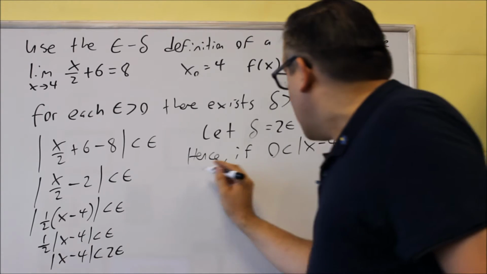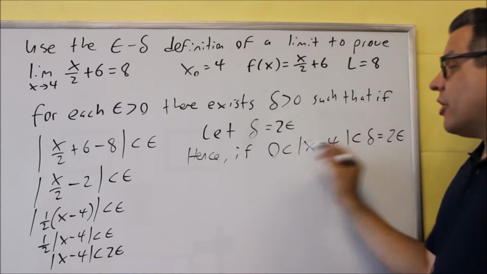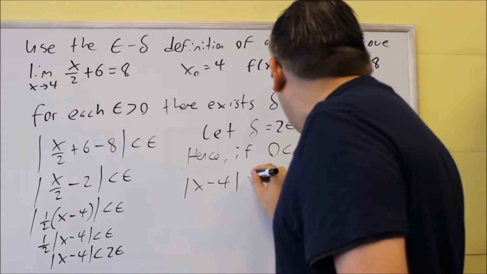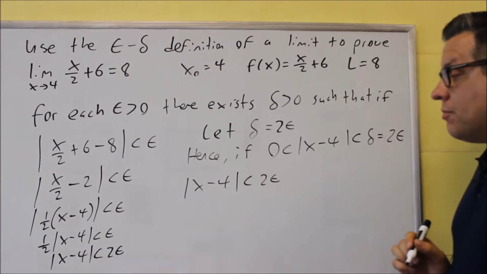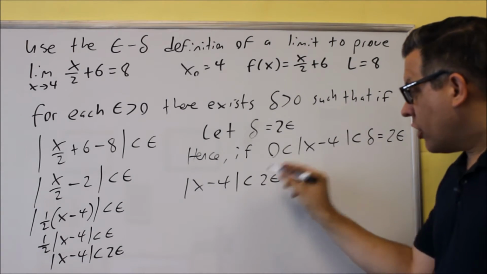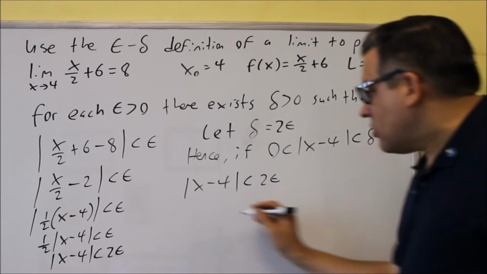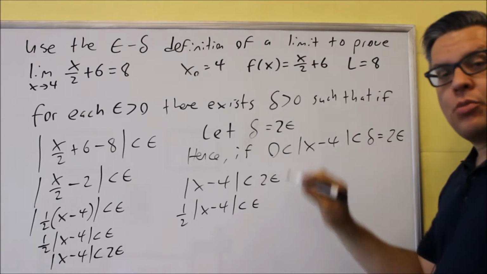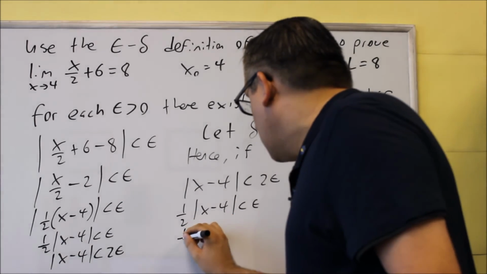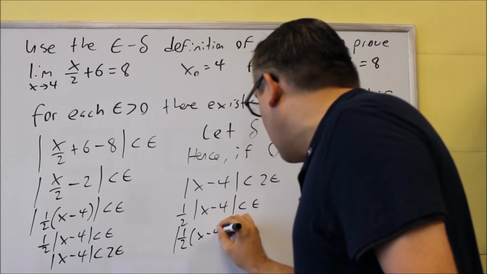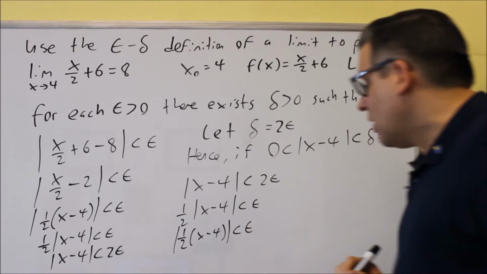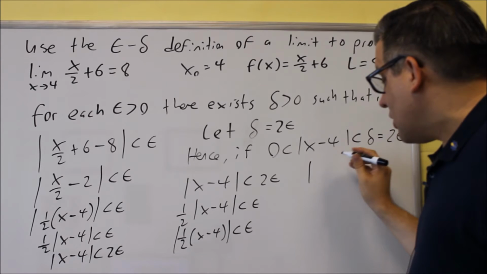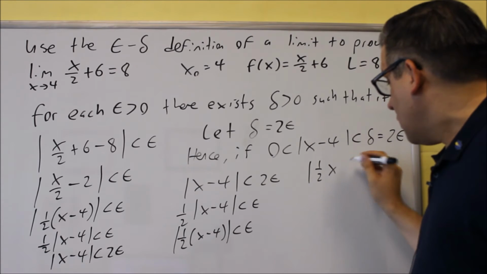The absolute value is always greater than 0 anyway, so we can say the absolute value of x minus 4 is less than 2 epsilon. Now we work backwards. We divide both sides by 2, which gets you the 1/2 outside, and we can put the 1/2 inside. So 1/2 and then x minus 4 on the inside, less than epsilon. Once it's inside, we multiply it through, and we get 1/2 x minus 2.